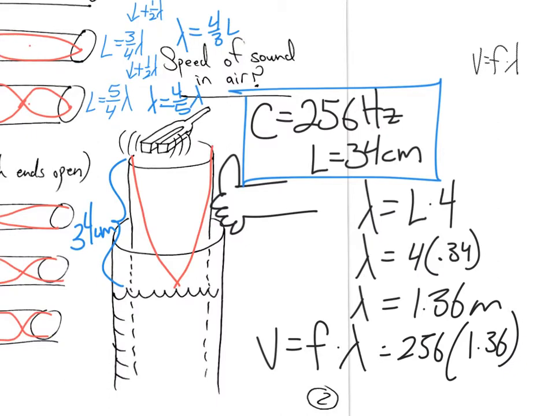I'm going to get on Desmos, and it turns out that our speed of sound, as we calculate based on this hypothetical made-up data, is 348, and that would be in meters per second.